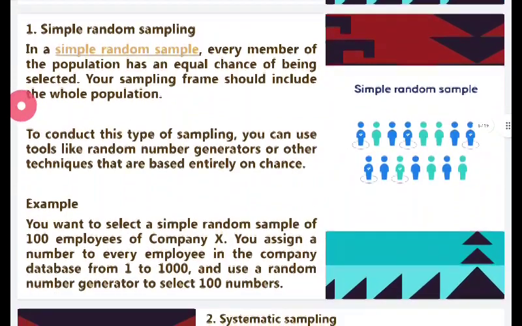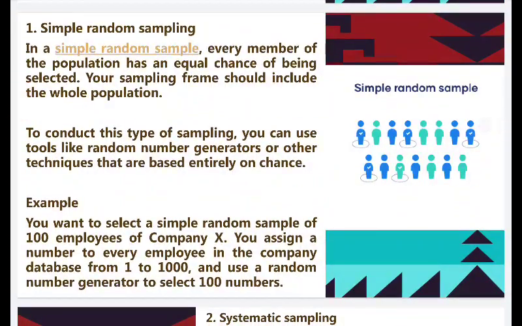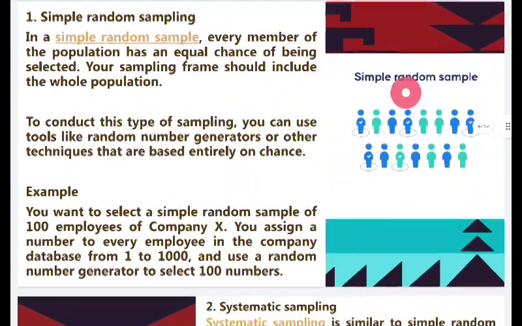First, we have the simple random sampling. What's this? Every member of the population has an equal chance of being selected. Your sampling frame should include the whole population. To conduct this type of sampling, you can use tools like random number generators or other techniques that are based entirely on chance.